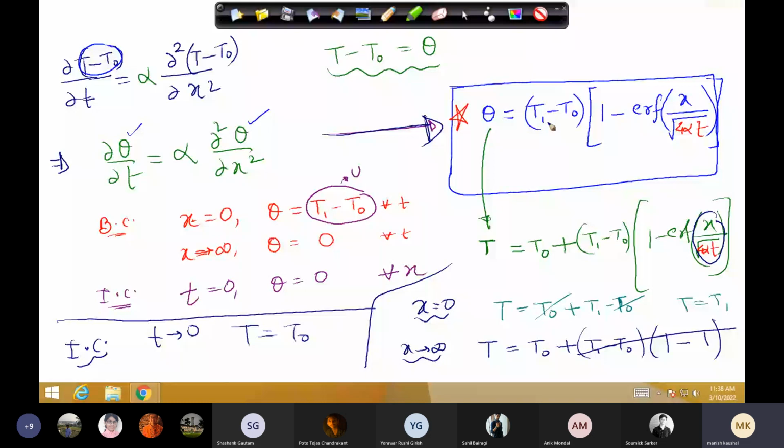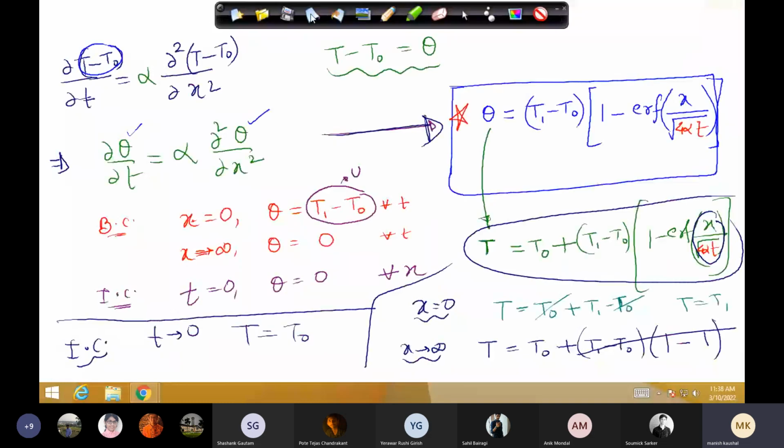So this was the solution. Now what else has been asked if you see the assignment? Find the time dependent temperature profile. So you see this is the time dependent temperature profile. If you see carefully, you can plot it also using MATLAB or any other plotting software.